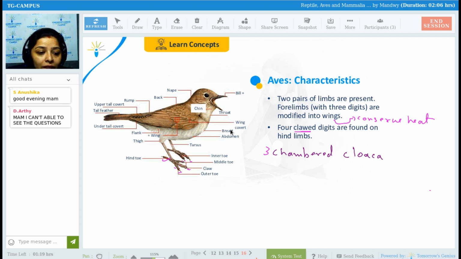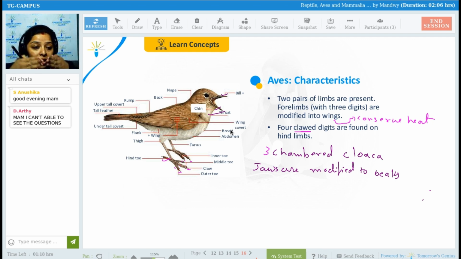Now let's see their mouth. We have jaw bones, right? Here the jaws are modified into horny beaks. These are the horny beaks, a modified form of the jaw.